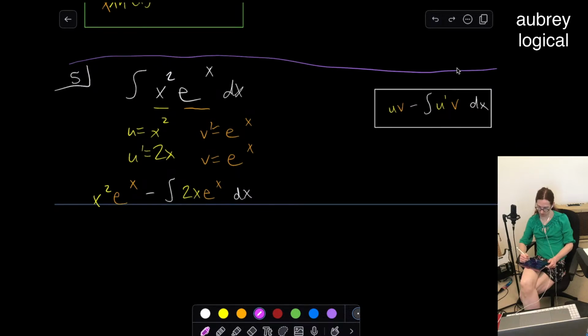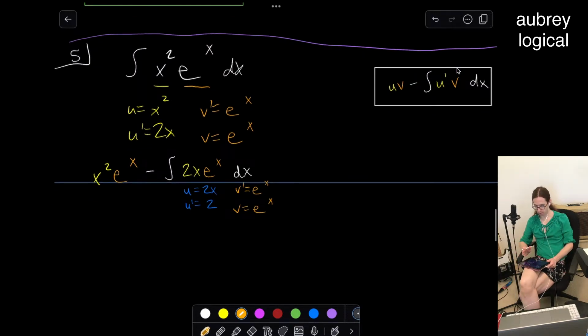So we clearly have to do it one more time. Let's pick, yep, okay. 2x is just going to become 2. e to the x always stays e to the x, no matter which way you derive or whether you integrate or differentiate.